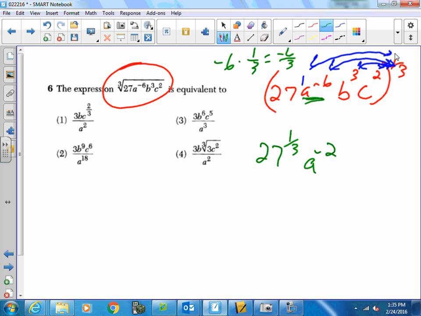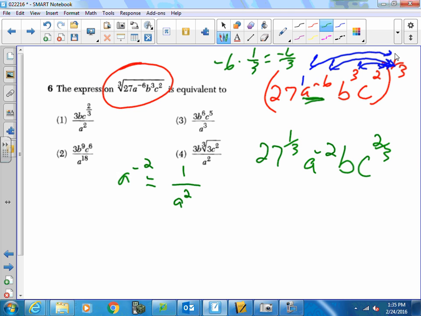And then we have B. 3 times 1/3 is just 1, so we just have B to the first. And then you have C to the 2/3, because 2 times 1/3 is just 2/3. Now, obviously, I don't see that answer anywhere, and you don't see any negative exponents. Remember, dealing with negative exponents, if A to the negative 2nd was by itself, that's the same as 1 over A to the positive 2nd.